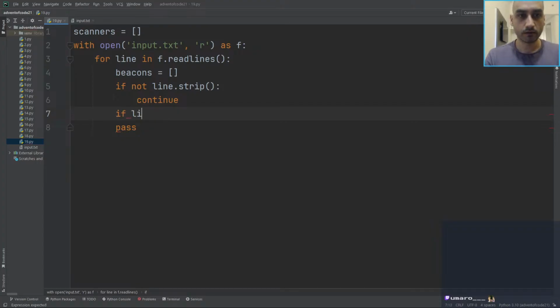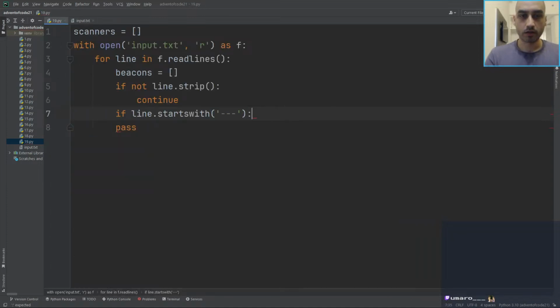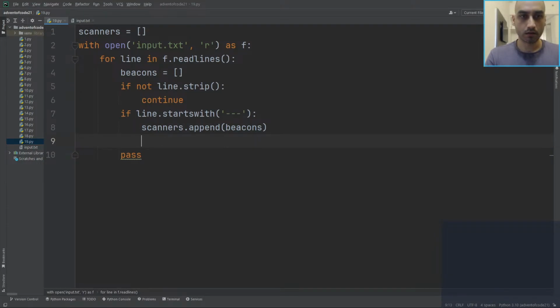If line.startswith that, then we just append what we have into the scanners. And then beacons is refreshed.